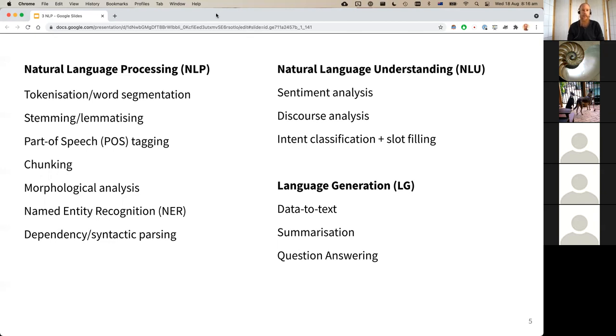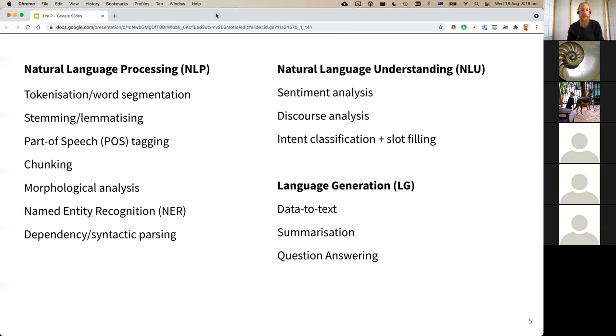We'll look at some natural language understanding processes. As the name suggests, this is where we go a little bit beyond simply reformatting texts into trying to understand the meaning behind them. Language generation we'll leave to a later module, and we'll go into more detail on language models and language generation, where we'll look at data to text, summarization and Q&A, question answering techniques that'll come up later in the course.